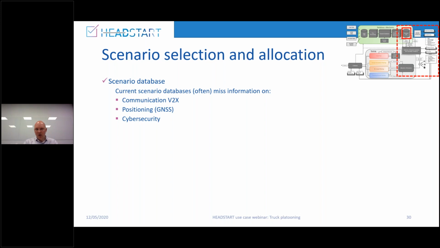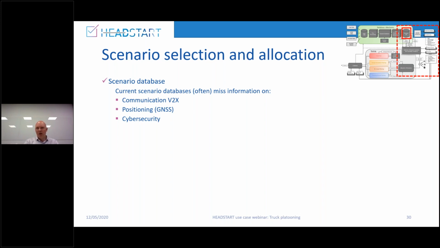What you currently see often missing, which are actually also for that reason key enabling technologies for HEADSTART, are communication, positioning, and cybersecurity. Those components are currently often not in the databases.